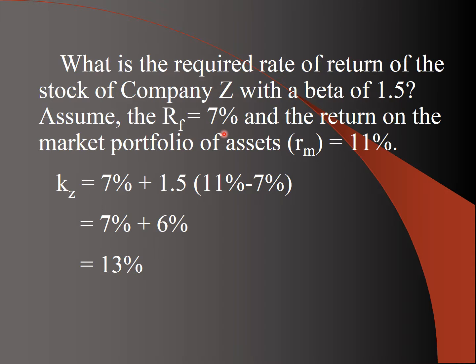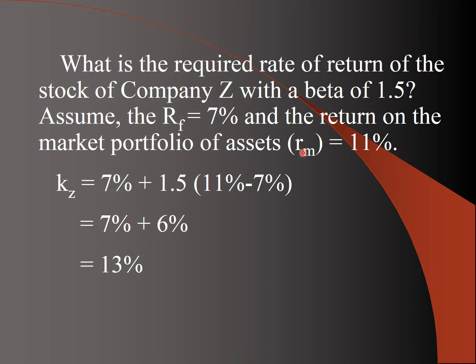But I guess the point being, whatever's given to you in the problem, if they tell you the Treasury bill rate is 7% or the Treasury bond rate is 7%, then that's what they mean for you to use as the risk-free rate for that equation.